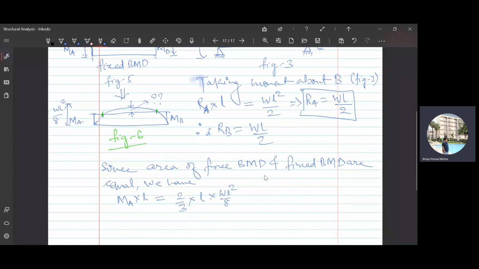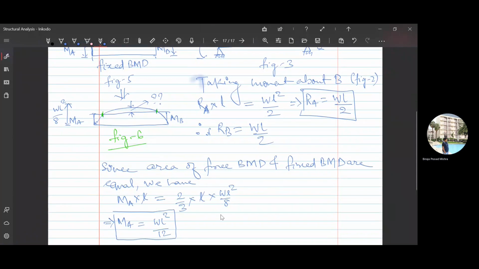Okay. So from this, can we find out MA? MA equals to how much? So this L gets cancelled out. Okay. And the value is WL squared by 12. Okay. So, since MB equals to MA, this equals to WL square by 12.